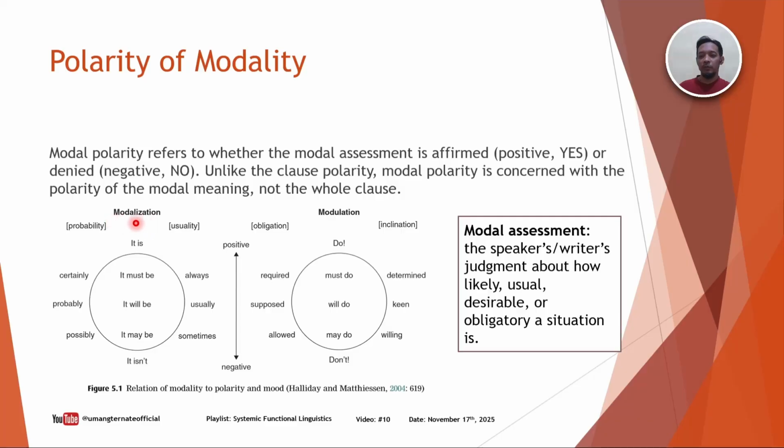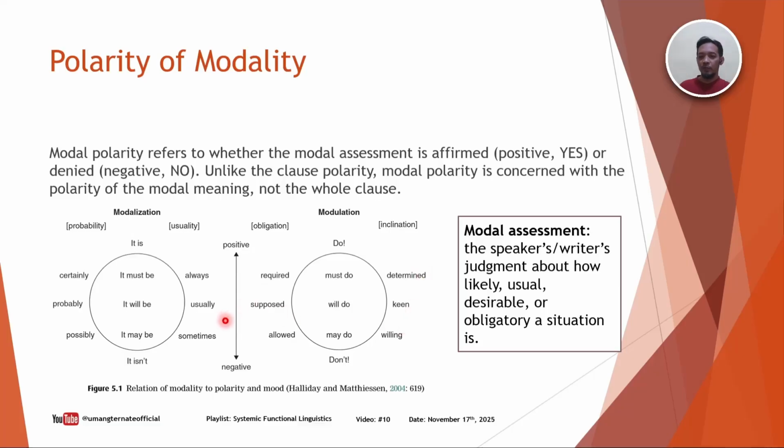For example, in modalization, which has the subtypes probability and usuality, words like possibly, probably, and certainly represent the polarity and the value of the language resources used to express that probability. And it also applies to usuality, obligation, and inclination.